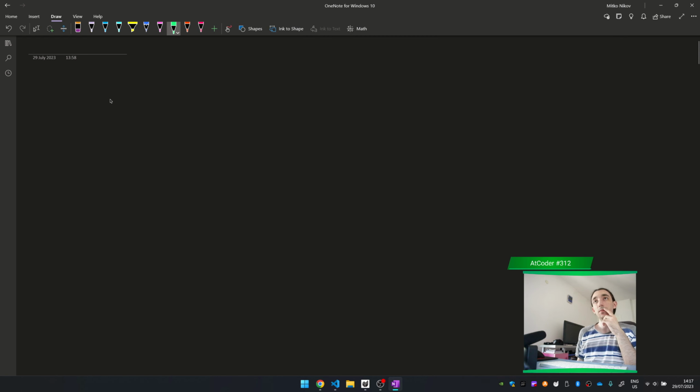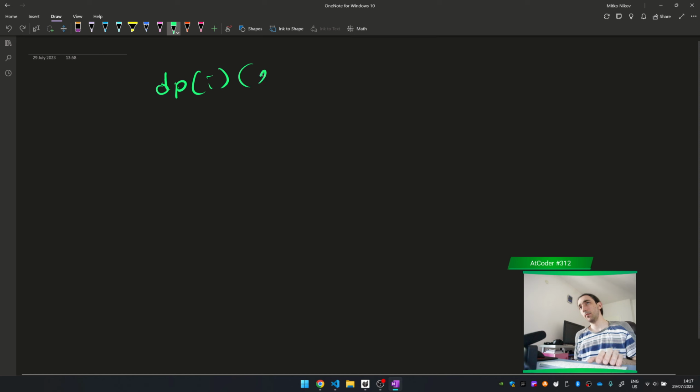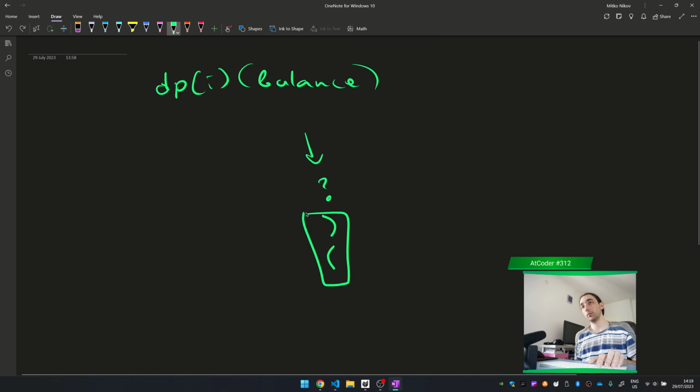If I'm here, the balance, dp of i and balance, if I'm here at position i, and there is a question mark, I can put an opening bracket or a closing bracket, thus getting the balance down or up. But I cannot ever go to a balance under 0, so this is the idea.